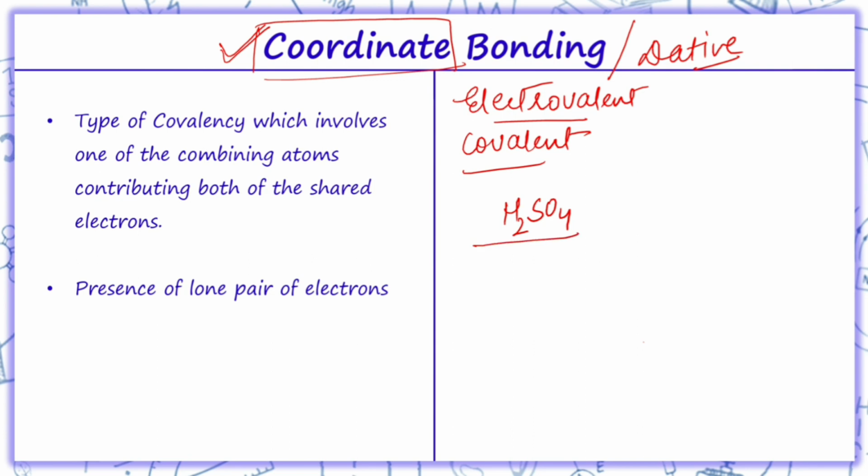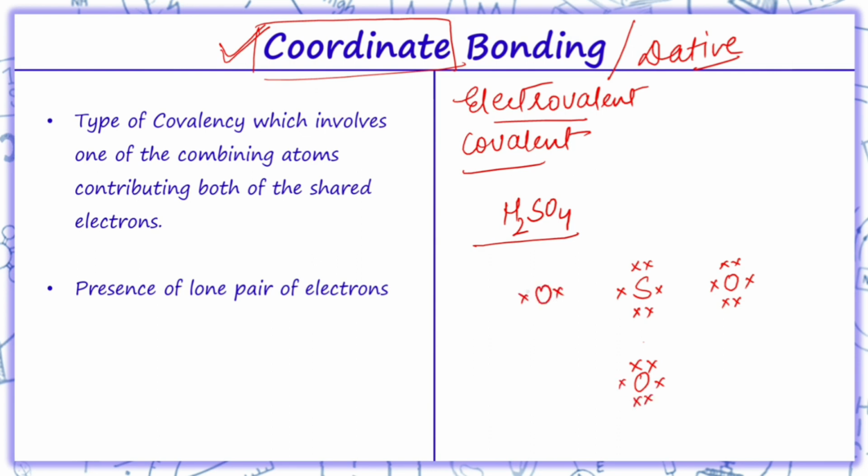Now in H2SO4 if we see sulfur is having 6 electrons in its outermost shell. Oxygen, it is having 6 electrons in its outermost shell. Similarly, there are 4 oxygens, so we'll make 4 oxygens over here.